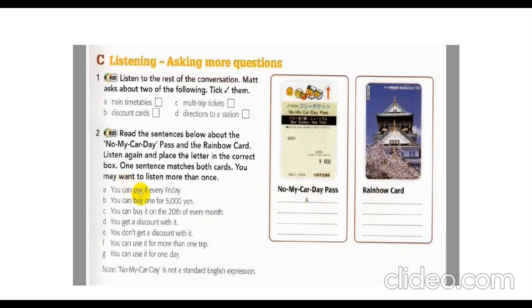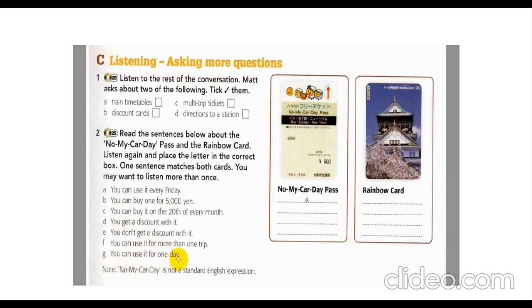You can use it every Friday. You can buy one for 5,000 yen. You can buy it on the 20th of every month. You get a discount with it. You don't get a discount with it. You can use it for more than one trip. You can use it for one day.